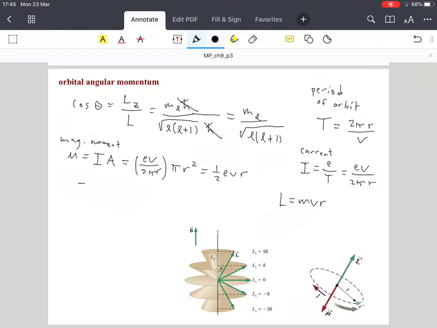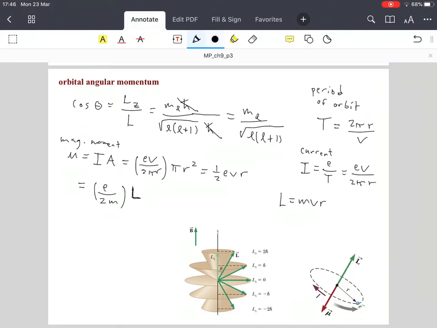Then all we would need to do is say L divided by m is equal to v r, and substitute that in. So you get e over 2m multiplied by capital L, which is this angular momentum.